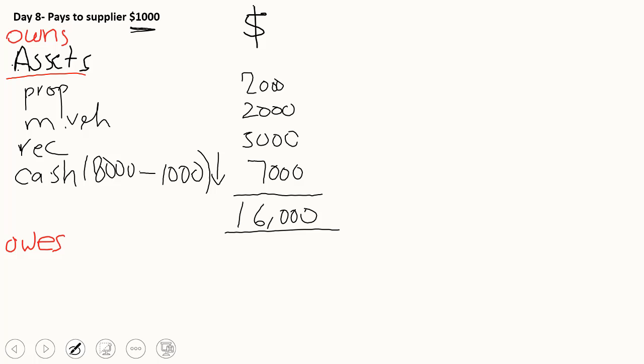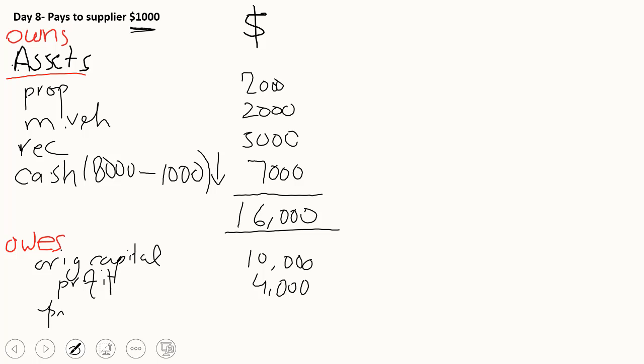Now let's look at what business owes. What was the original capital? 10,000. Original capital was $10,000. Profit was 4,000, and 14,000 was what business owes to the owner of the business. Payable. Now business has paid its supplier.